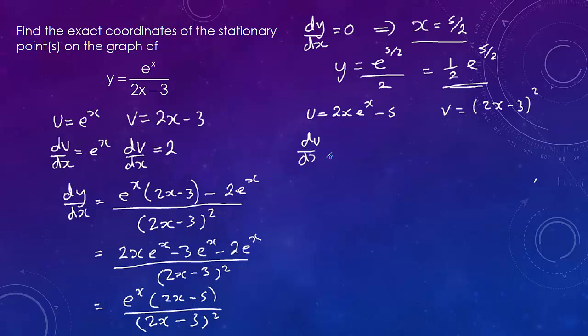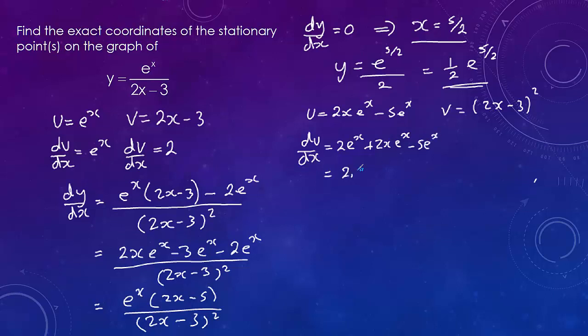So du/dx, well, this first part's actually a product. So v du/dx, so that's 2e to the x, plus u dv/dx, so that's plus 2x e to the x. Of course, sorry, that's 5e to the x there as well. So that's going to be minus 5e to the x.